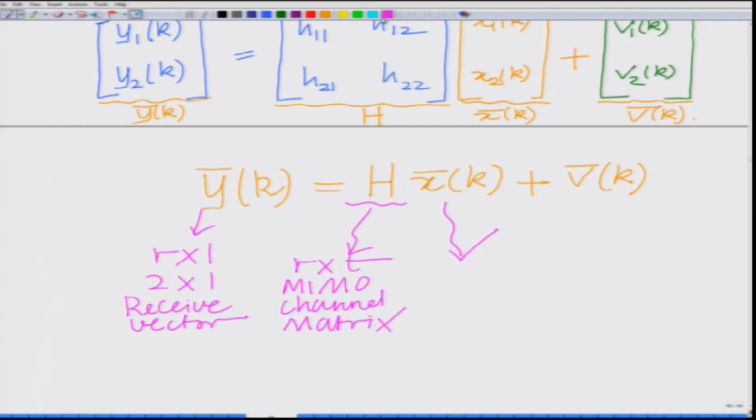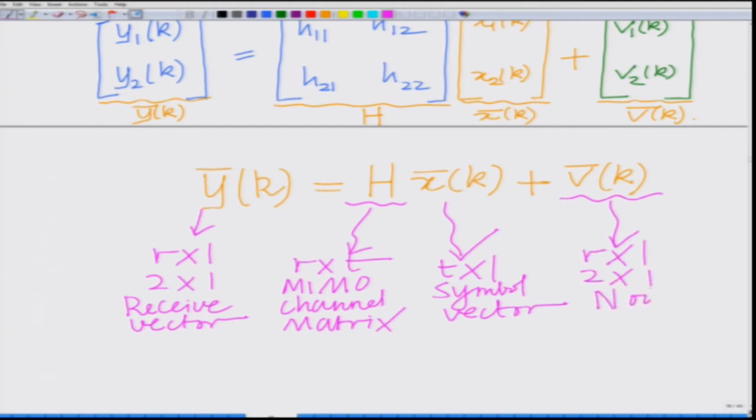This is your x bar k, which is the t cross 1 symbol vector or transmit vector, and this is v bar k, which is your r cross 1, in this case 2 cross 1, noise vector.